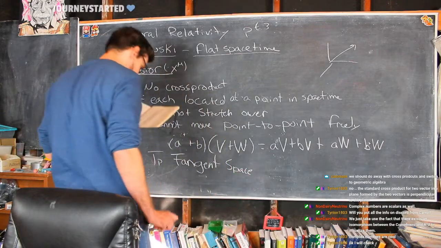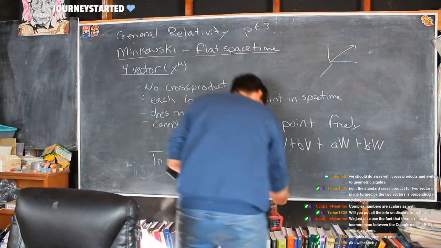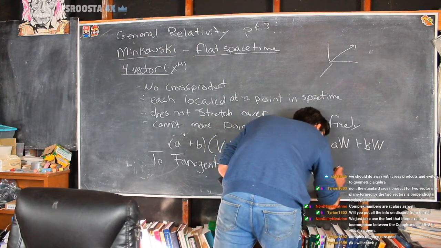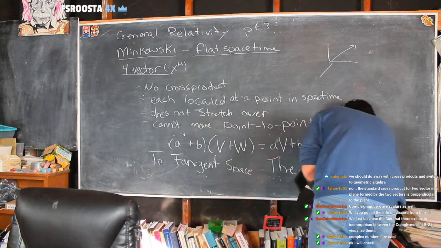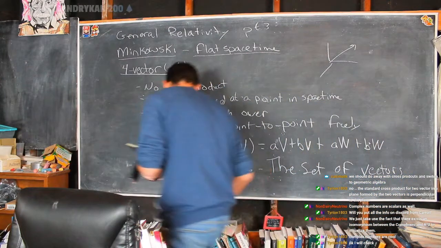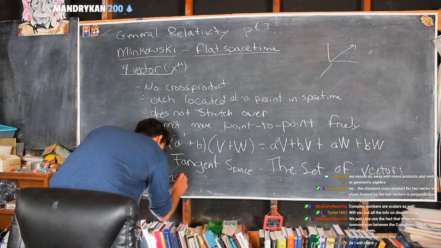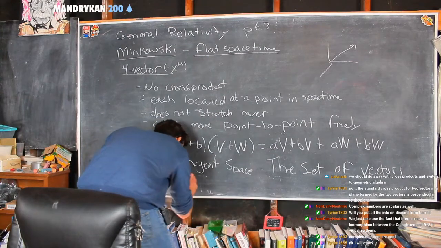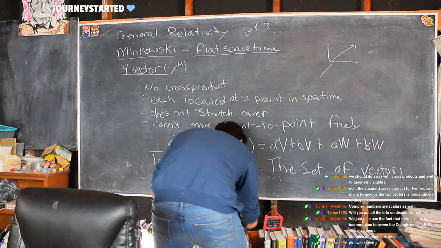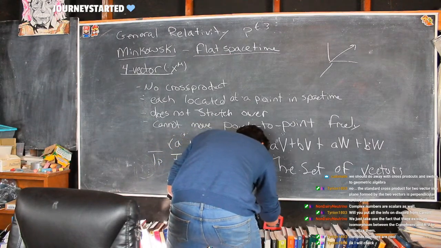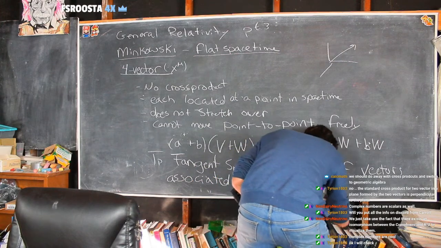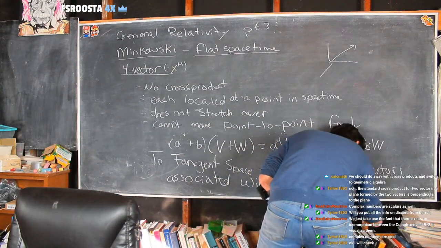So we'll look at a picture of it too, and it's the set of all vectors associated with each point P in space-time.